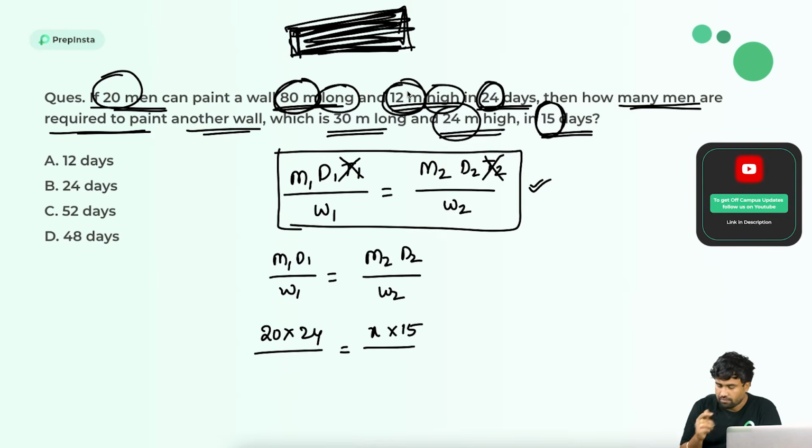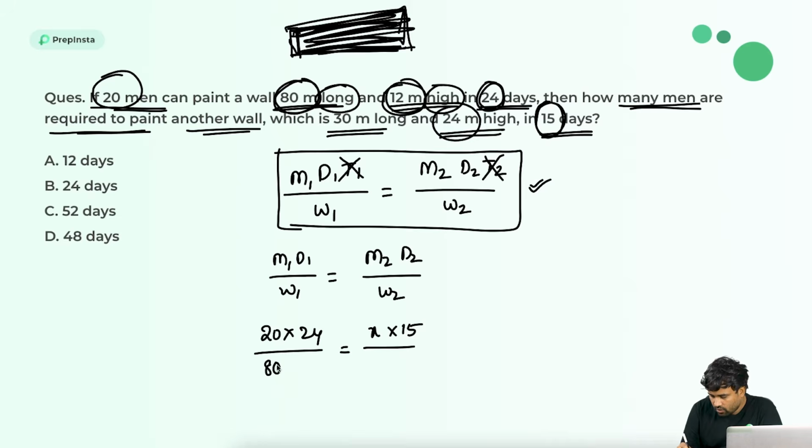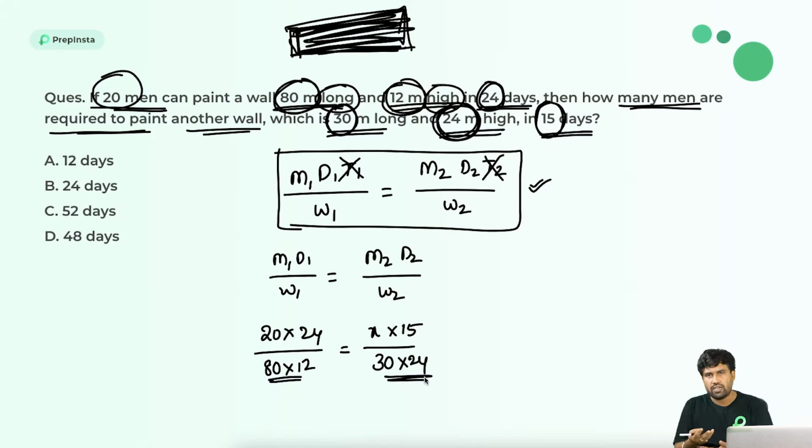So here 80 into 12 meters is the total area they need to paint in the first case. In the second case, they need to paint 30 meters long and 24 meters high, which is 30 into 24. This is the total area to paint, which is nothing but the total work to be completed. That's why I have taken them as W1 and W2. So simply start calculating these numbers.